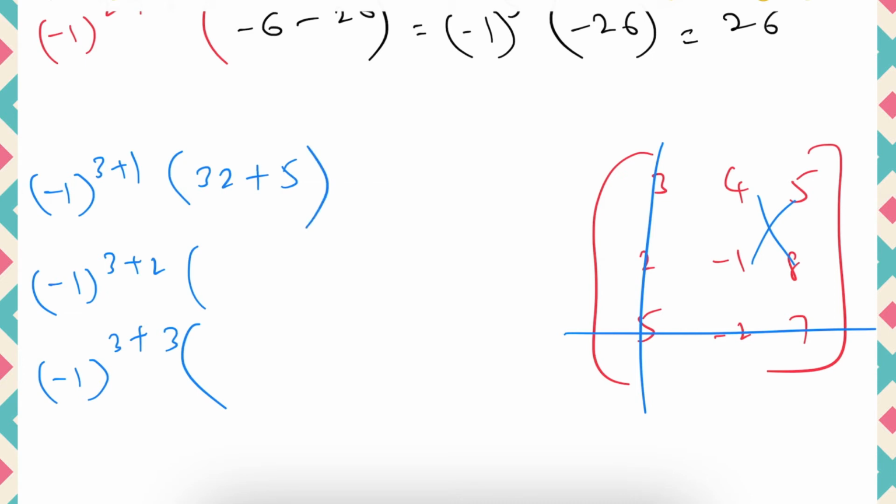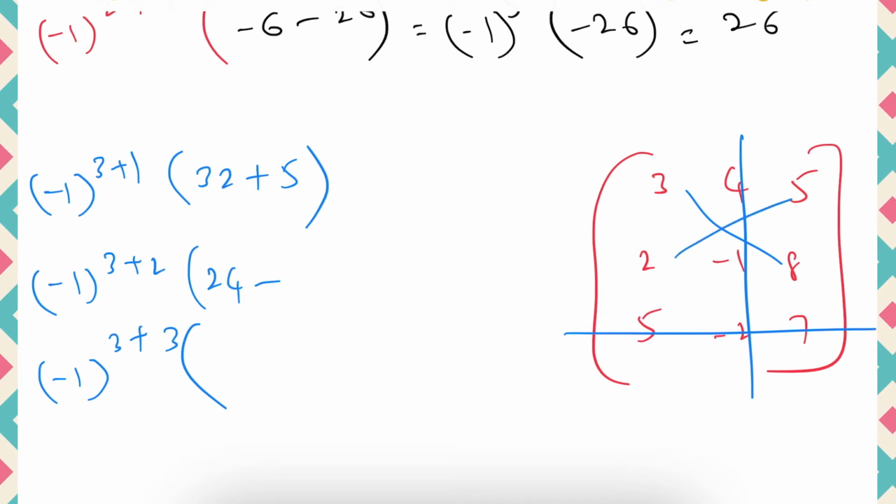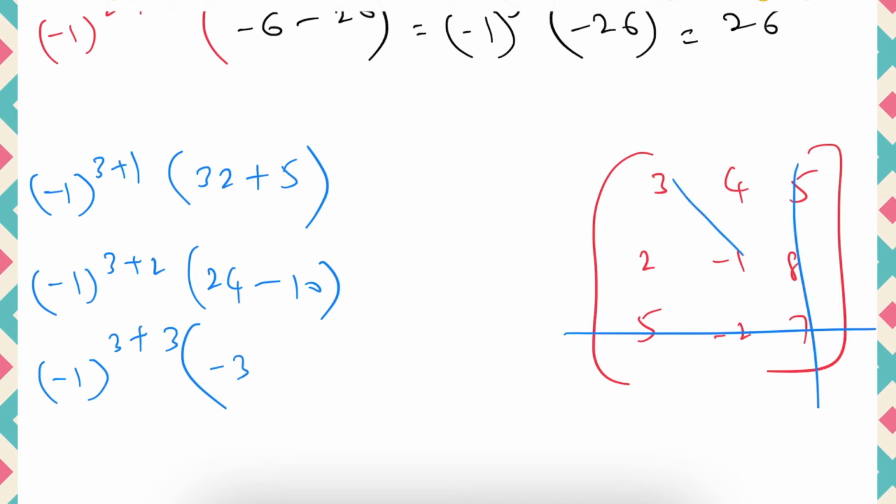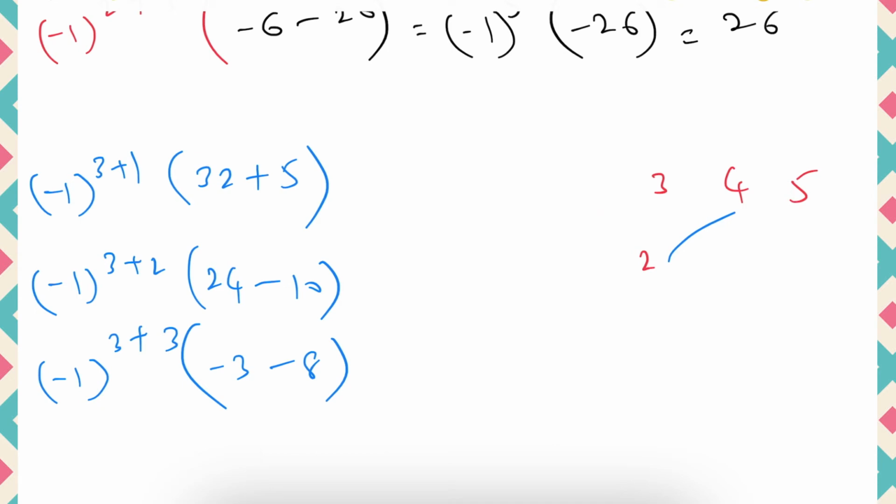Next third row second column: 3 8s are 24 minus 2 5s are 10. Next third row third column: 3 into minus 1 minus 3, minus 2 4s are 8. Okay, let us simplify these now.